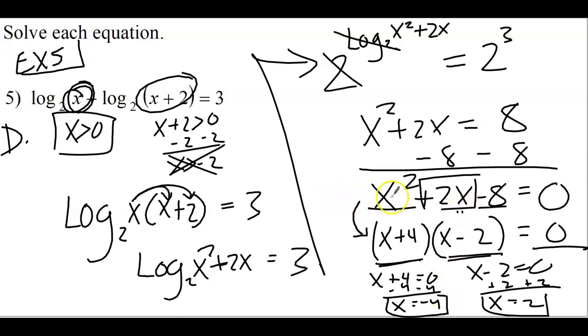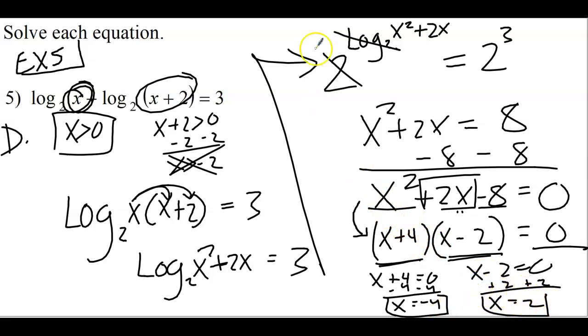The downside is not every polynomial can be factored, and so you might be trying and realize after about 2 or 3 minutes you've been trying for no reason because it just doesn't work. So that's kind of the downside with factoring. But to the trained eye, you can kind of see in advance whether it's going to work and not waste your time. But that takes time and practice. So use whatever strategy you prefer, but the answers are negative 4 and 2.